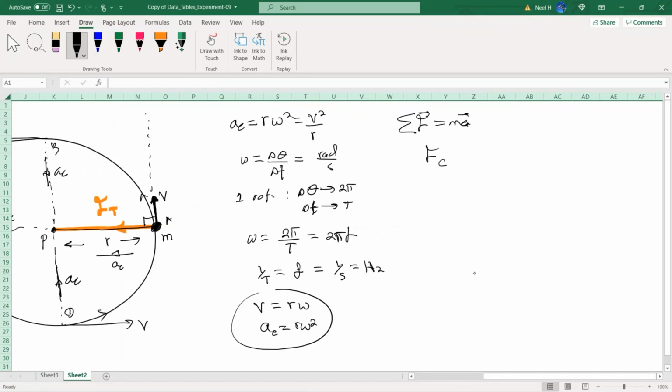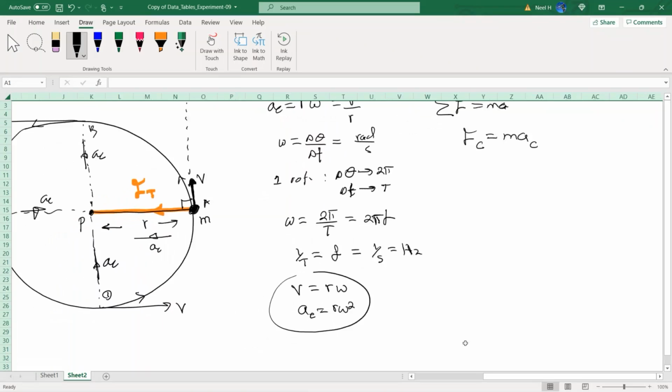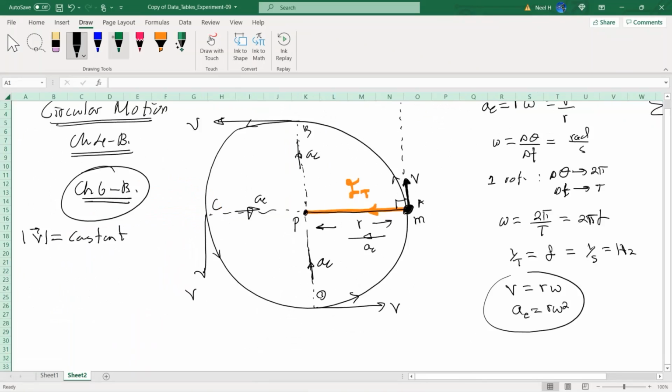Then we can identify that there should be a centripetal force every time on this object, similar to the centripetal acceleration direction. If a_c always remains toward the center, there should be some sort of force acting always toward the center.